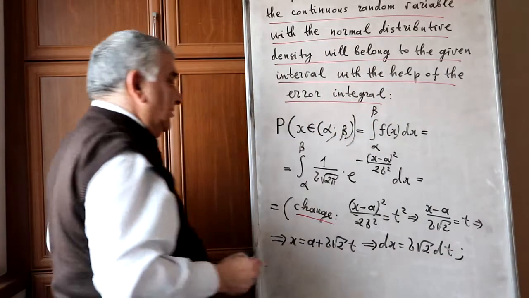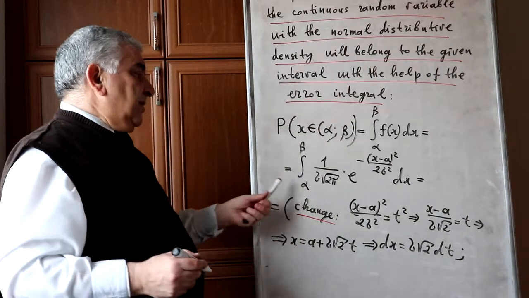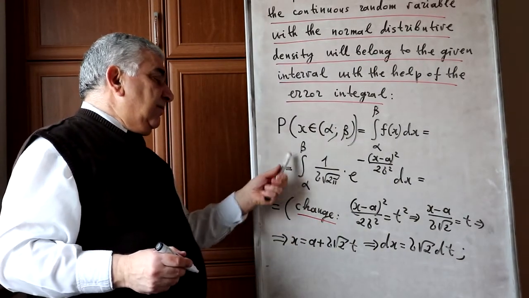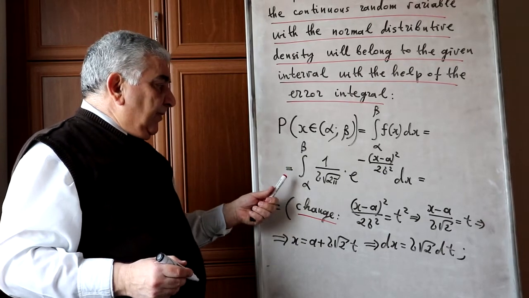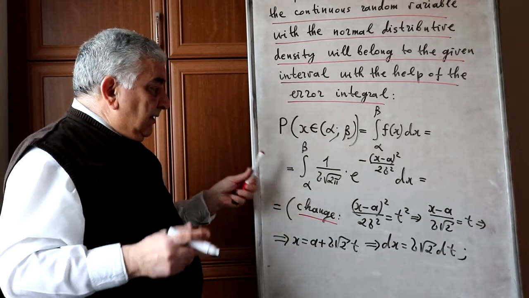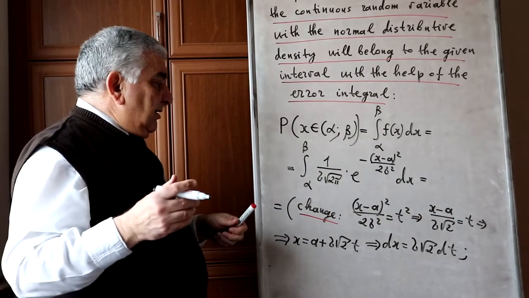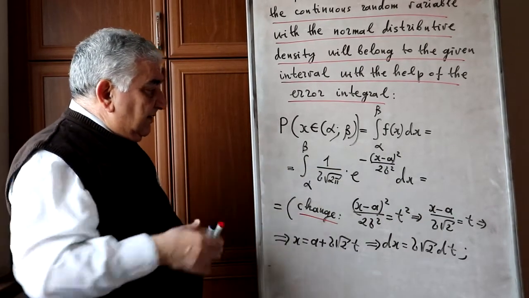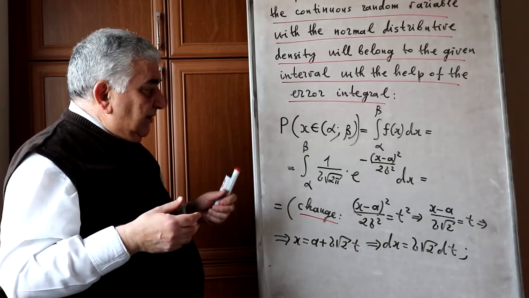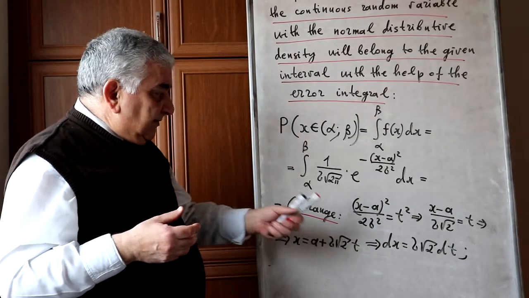Also, we must change the integral limits, because the given integral limits alpha and beta are the integral limits for the variable x. But now we must define the integral limits for the new variable t.